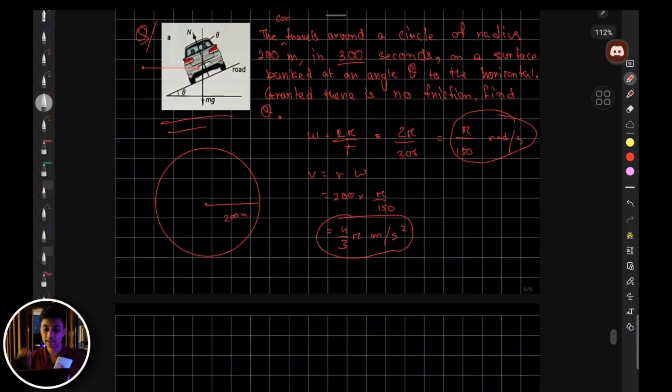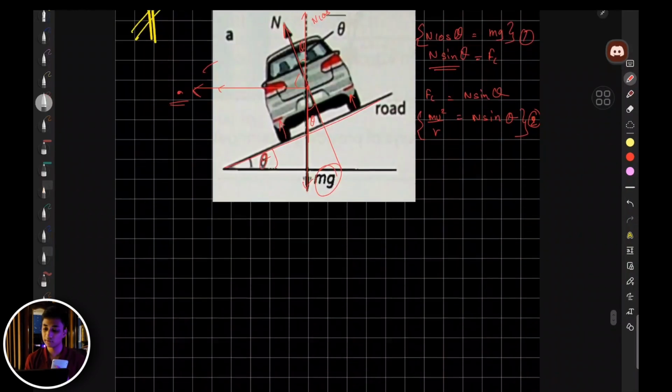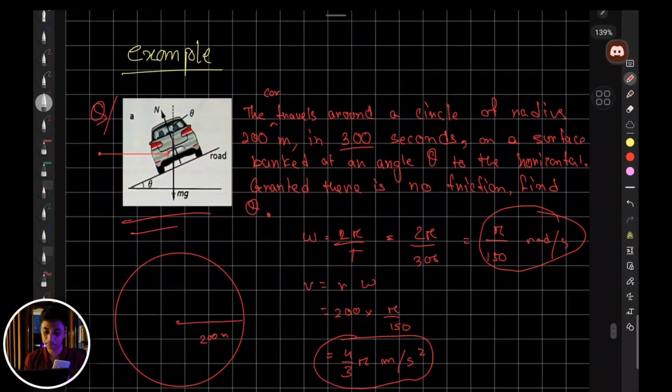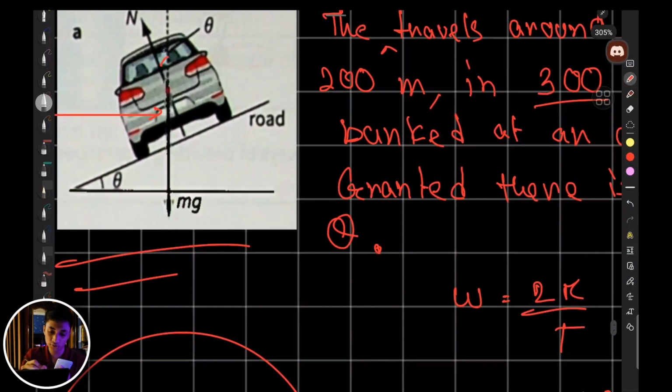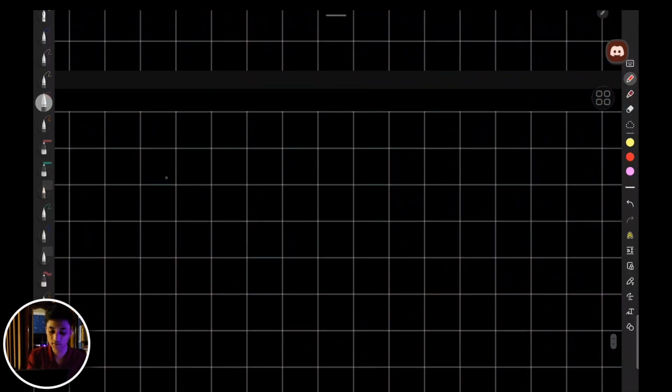Therefore, if we break down the components like we have already done above, we can say if this is also theta, the vertical component is going to be N cos theta.